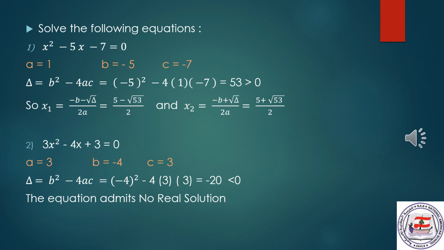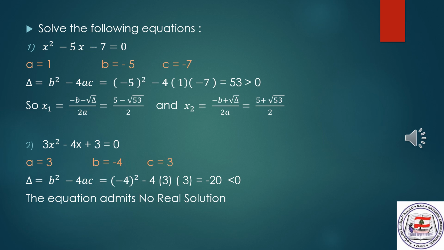Let's review how to solve using the discriminant. For example 1, x squared minus 5x minus 7 is equal to 0. We need first to determine the real coefficients a, b, and c. Then calculate delta, which in this case is equal to 53.